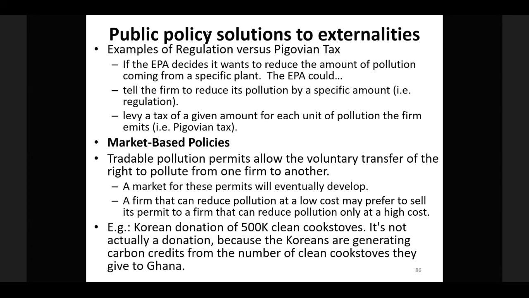So the magnitude of the tax should ordinarily be the same as the magnitude of the external cost that is generated. So there are experts in the Environmental Protection Agency who have sophisticated machines to determine all those things and then levy the appropriate tax. Okay, thank you very much.